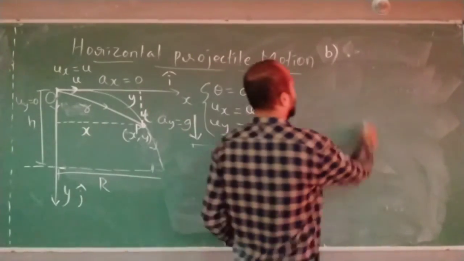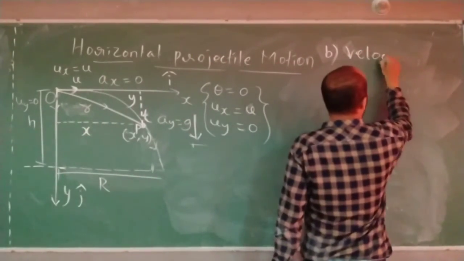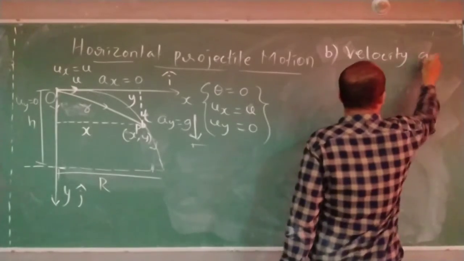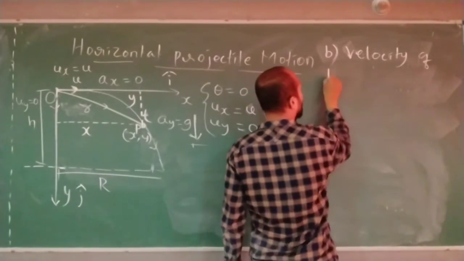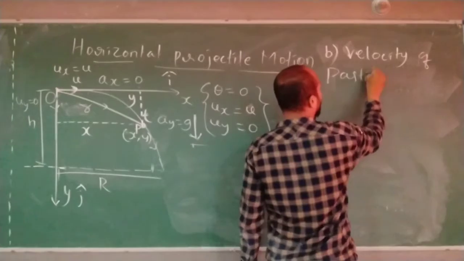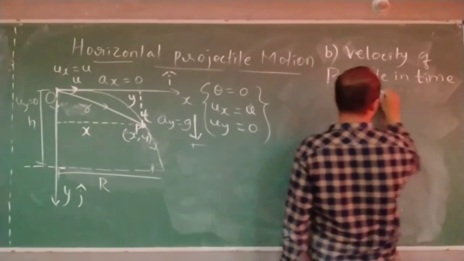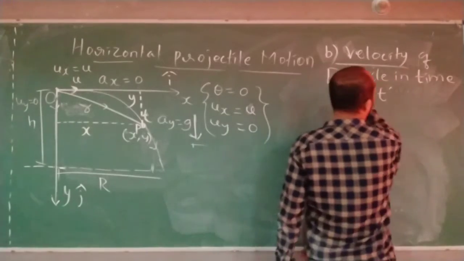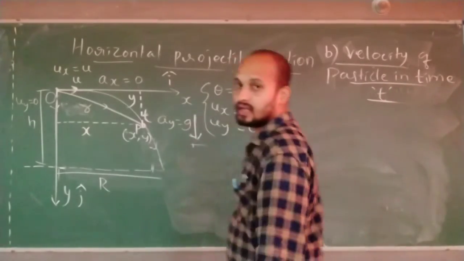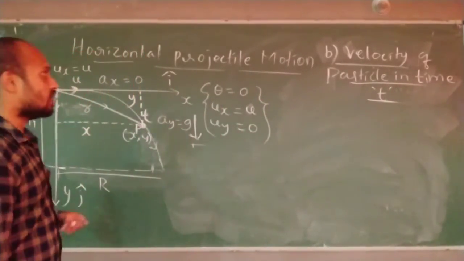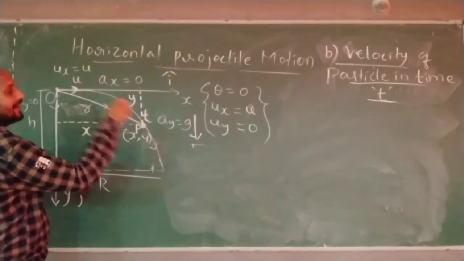The second one we will take is the velocity of the particle at any time t. What is the velocity of the particle at any time t?